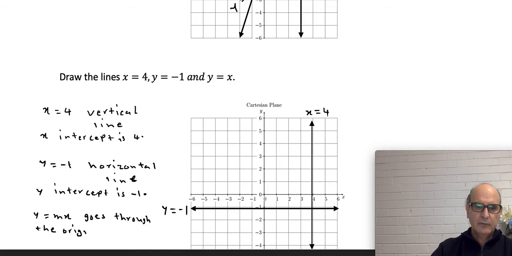So y equal to a number times x goes through the origin. I know one point, but I need to find another point. Because I'm talking about the line y equal to x, x means 1x. I can write it as y equal to 1x.